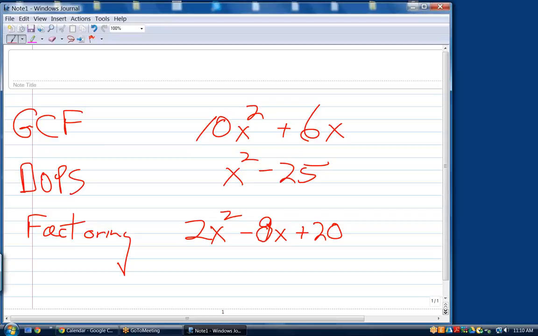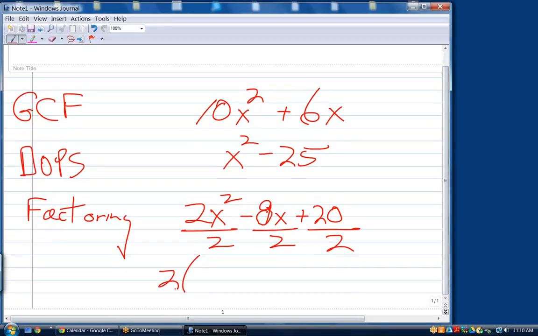This does have a greatest common factor, and it's 2. And what am I left with? Remember what factoring is. It's unmultiplication, it's undoing multiplication. So what I'm left with is 2 times x squared minus 4x plus 10.